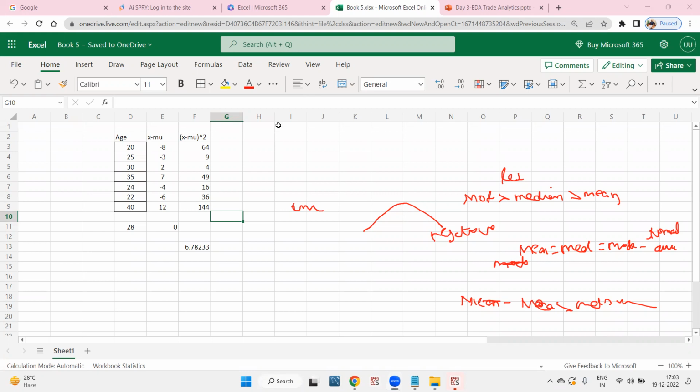Okay, now we have mean, median, and mode.